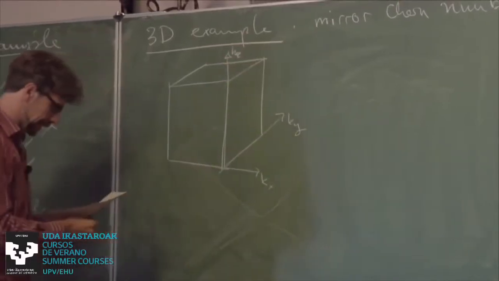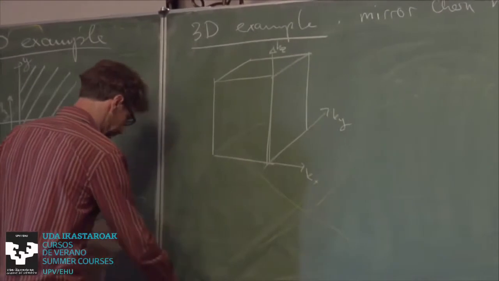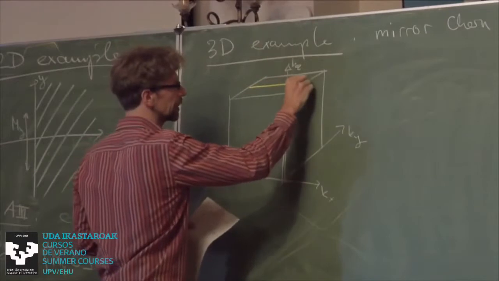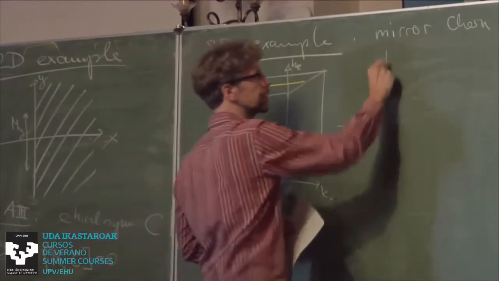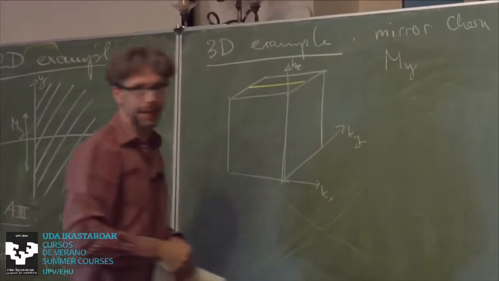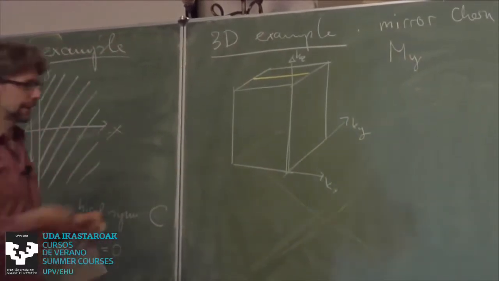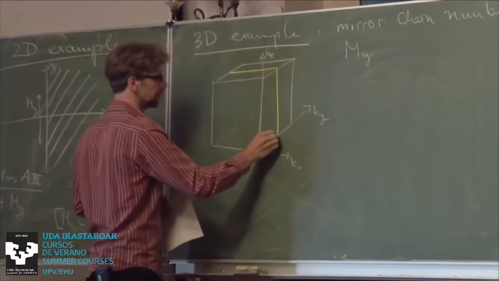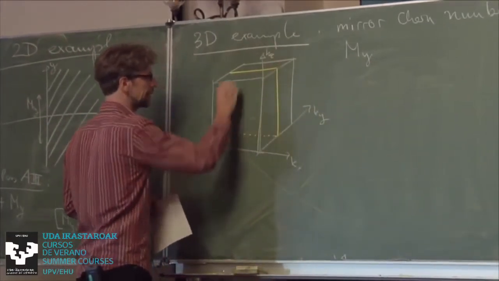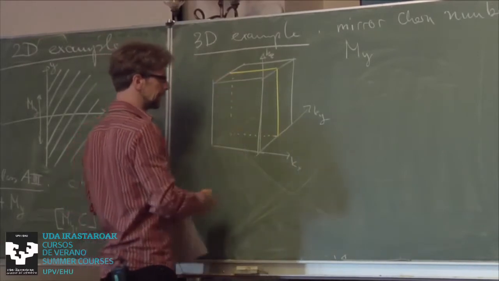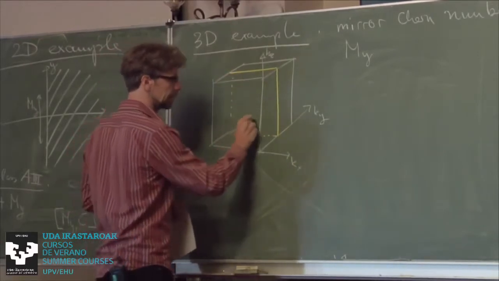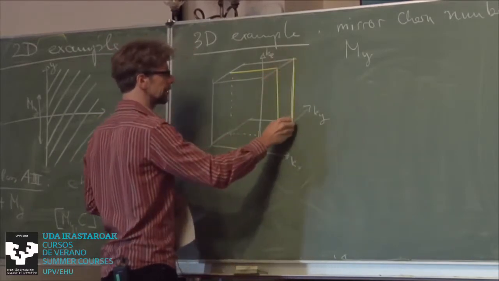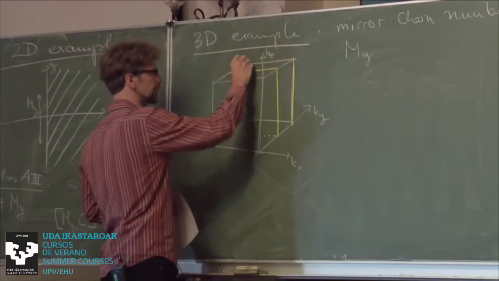Now I want to look at the mirror symmetry. Again, I'm looking at a mirror symmetry My, so I will look at the X surface eventually. That's going to be the same all the time in these lectures. The key thing is to realize that there are, again, D minus one dimensional manifolds in this Brillouin zone which are invariant under the mirror symmetry.